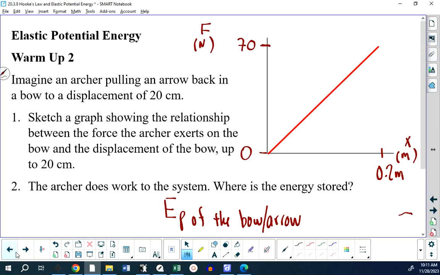What applied force would you use? What number of newtons could we use that would give us the actual work done?